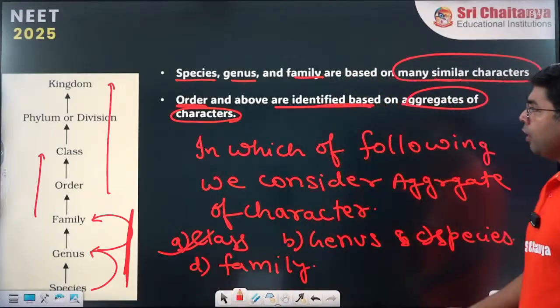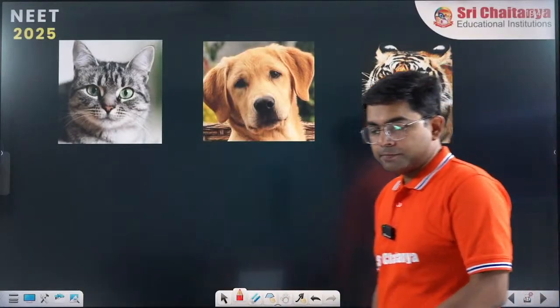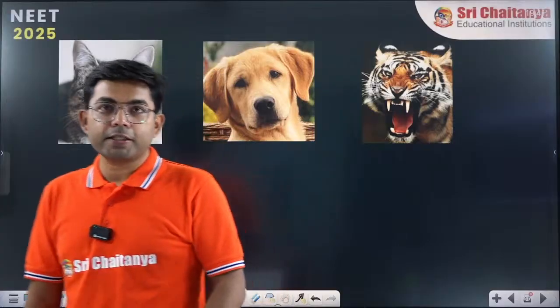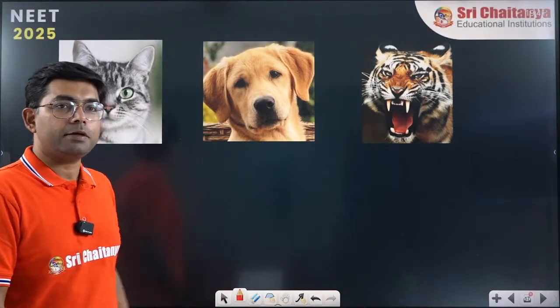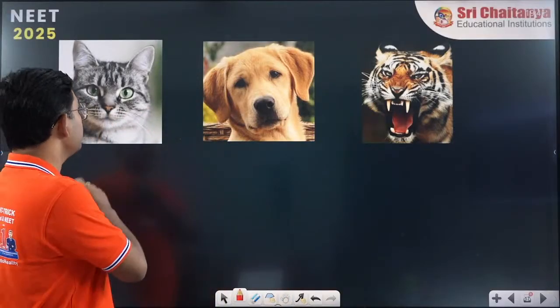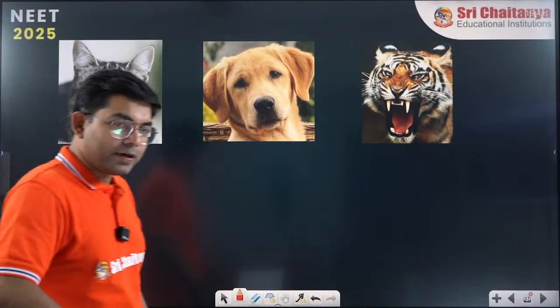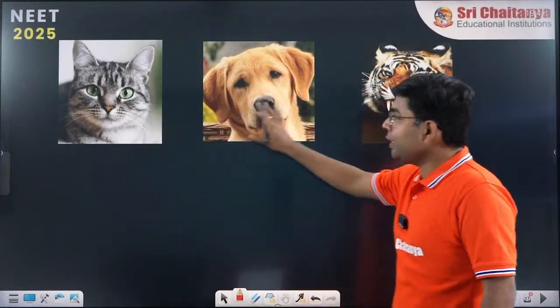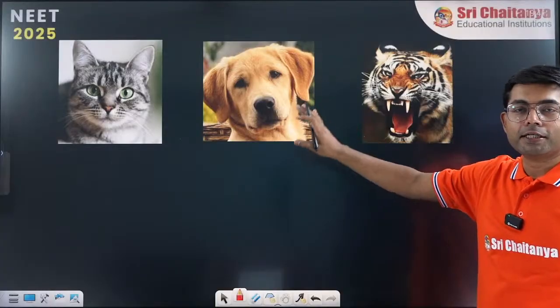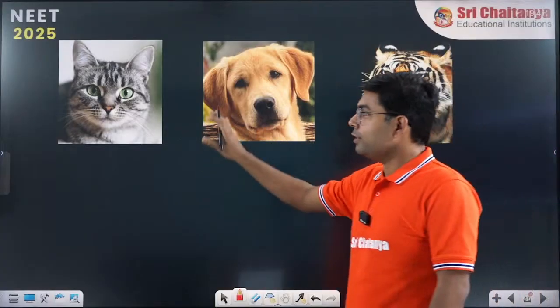As I said, a lot of terms were there. Now let's see some interesting pictures. If I ask you to identify these diagrams, you can easily identify them. But the question is not to identify the organism; the question is to identify the family.